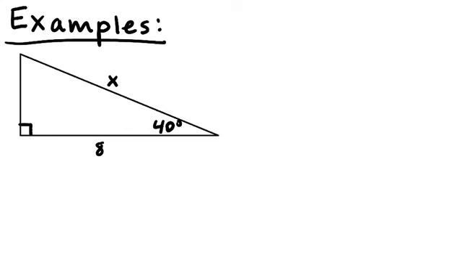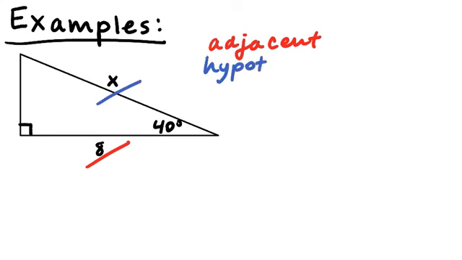So what you're going to have to do is say, okay, I've got an angle and I've got an adjacent side, and I've got a hypotenuse. So you think to yourself, if I've got adjacent and hypotenuse, which trig ratio do I use?